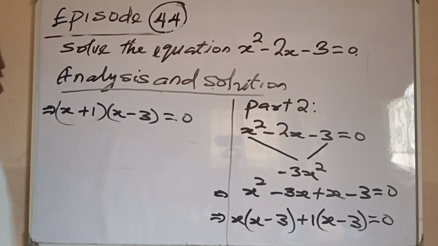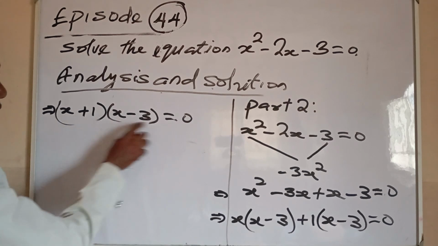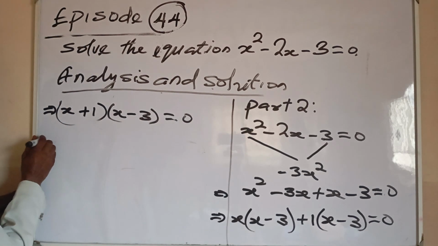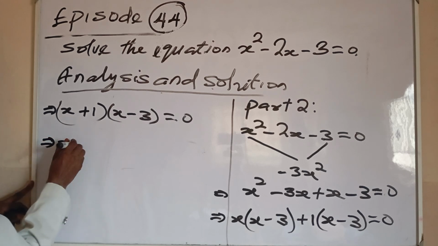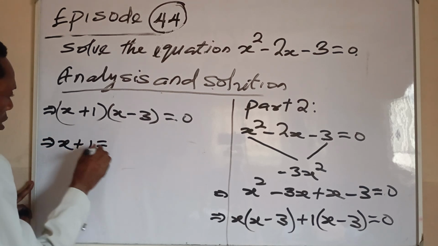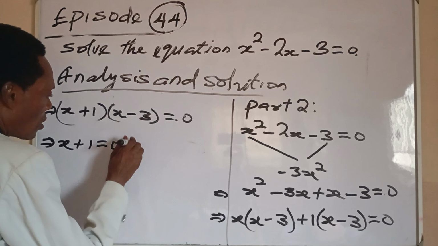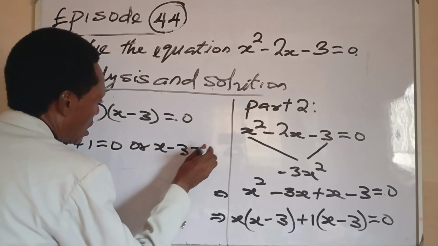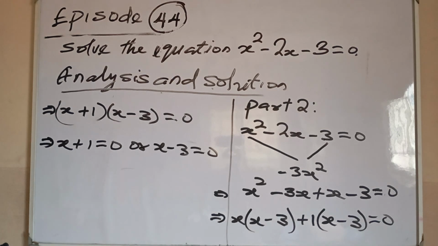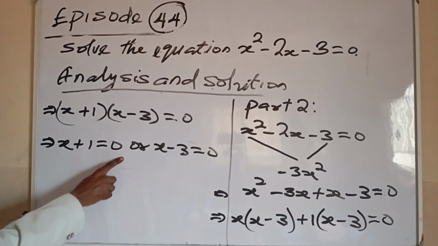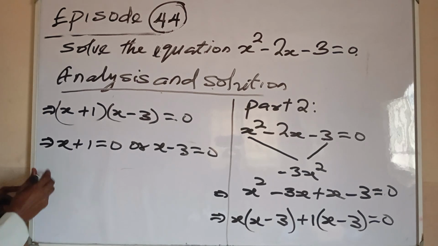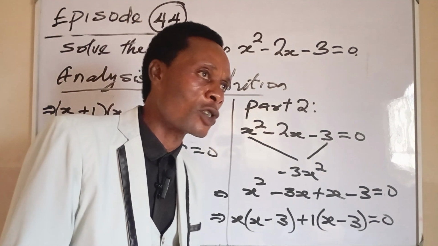Okay, at this stage now, we can say s plus 1 equals 0 or s minus 3 equals 0. Then you will have to apply the law of transposition.